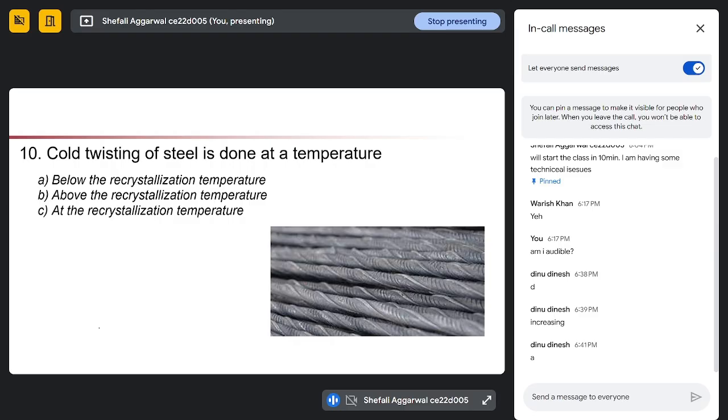Cold twisting we usually do at a lower temperature as compared to the normal heating procedure. So cold twisting of steel is done at a temperature below the recrystallization temperature.